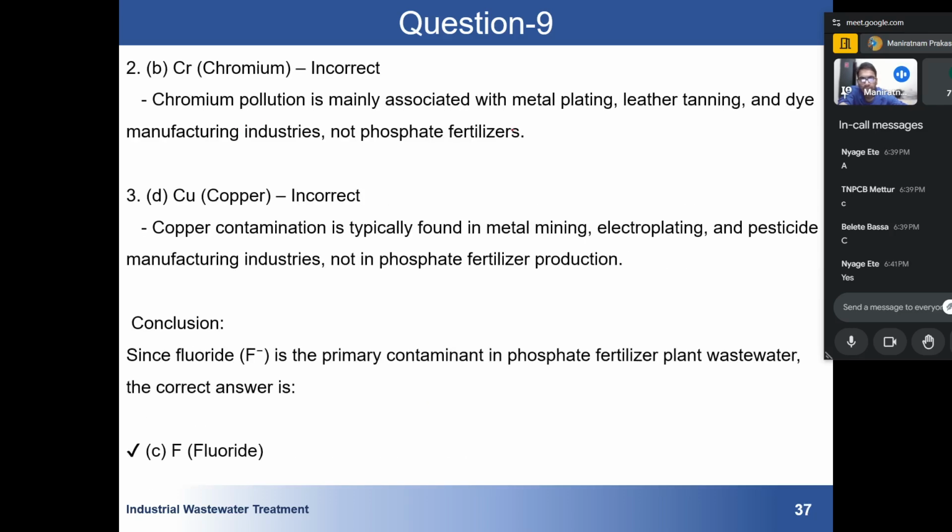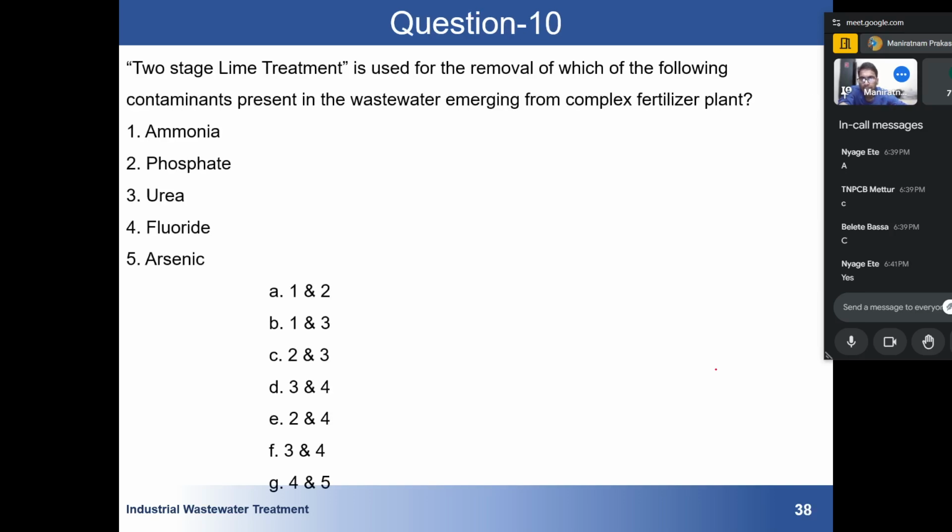Chromium is also not here. Where is chromium found? In the last lecture, when we were discussing the leather industry, we saw many problems with chromium. The leather industry uses chromium, basic chromium sulfate, and so on. Copper is again another thing. So fluoride, F minus, is the primary pollutant.